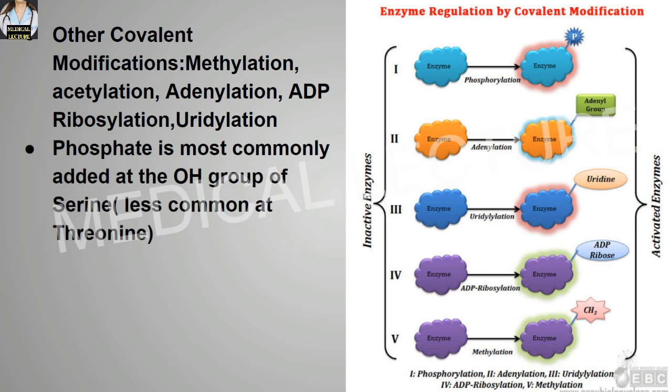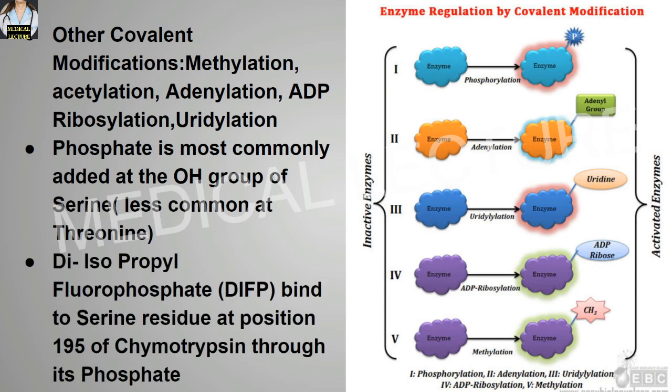Now, phosphate is most commonly added at the OH group of serine and less commonly at threonine. Diisopropyl fluorophosphate, DIFP, binds to the serine residue at position 195 of chymotrypsin through its phosphate.